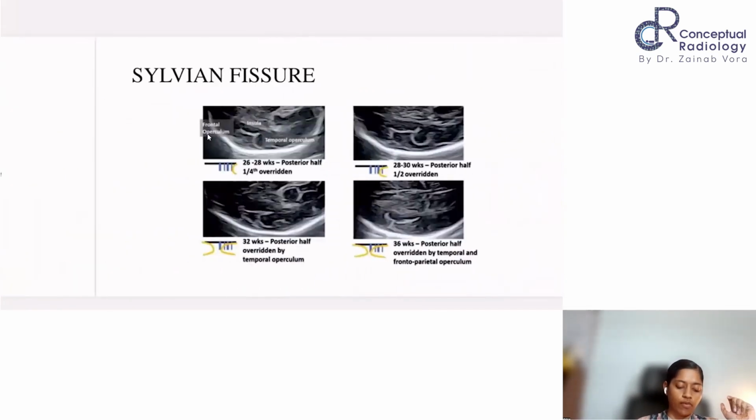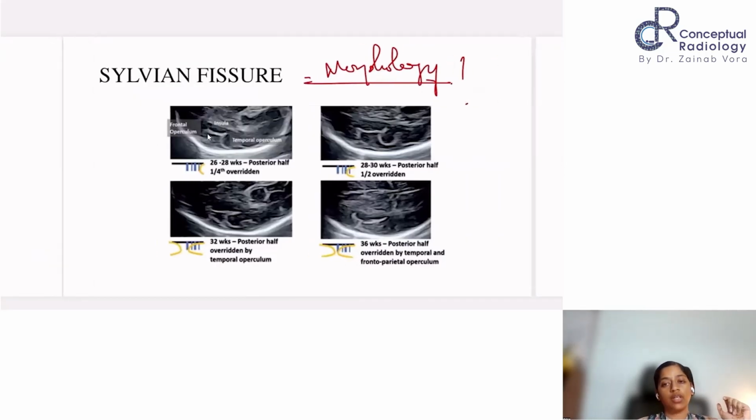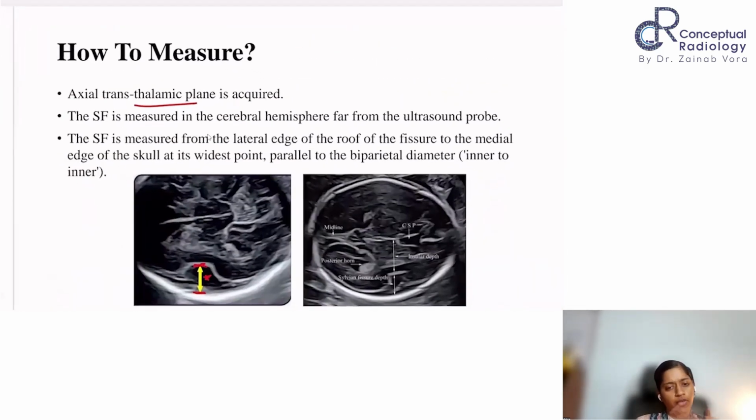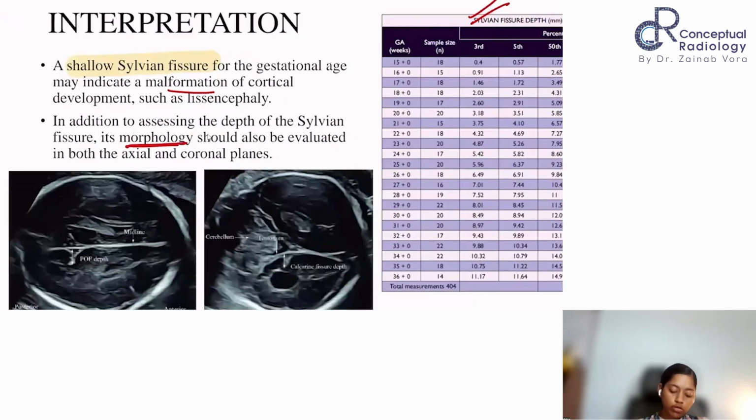So this is the morphology that we saw. For that gestation, how is the morphology progressing? So look for the morphology and also the depth, if you feel that this does not look well. Along with that, if one fissure is giving me some doubt, I'll also look at the depth of other fissures like the calcarine and the parieto-occipital fissure.